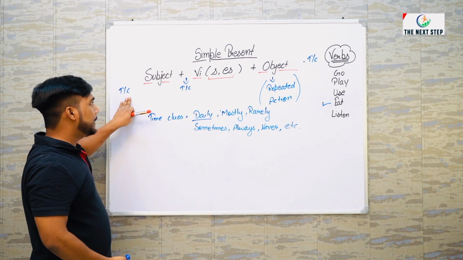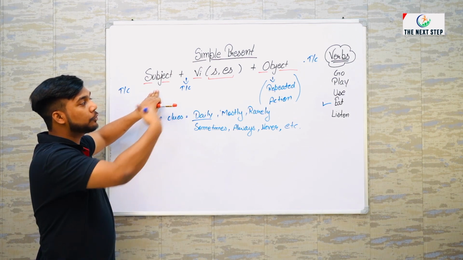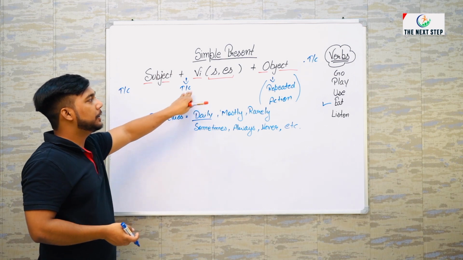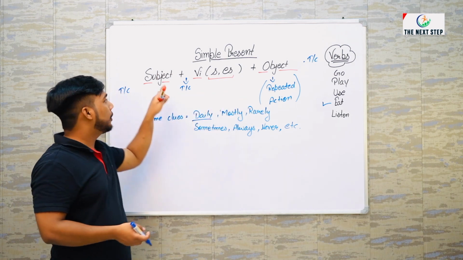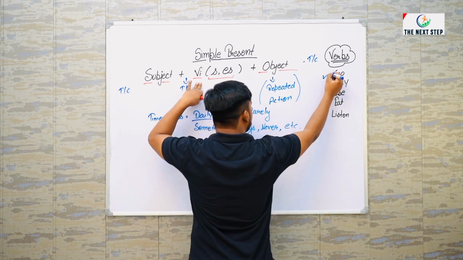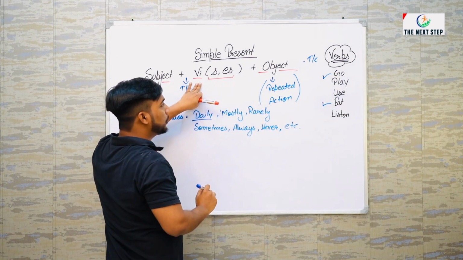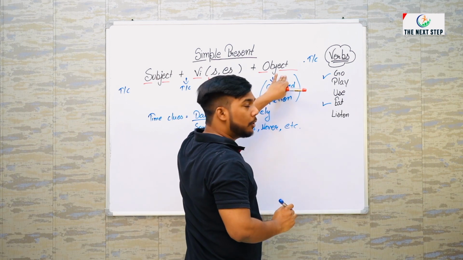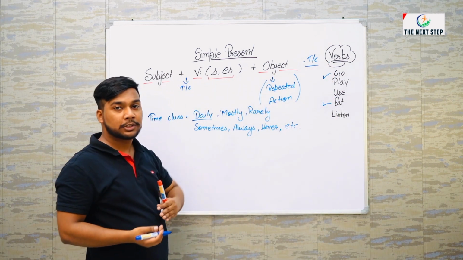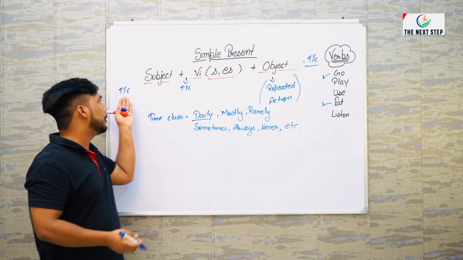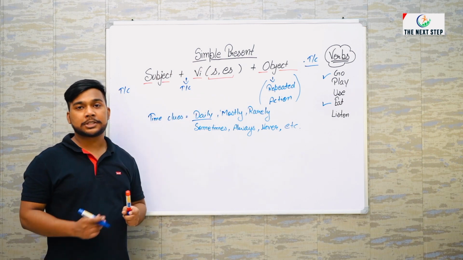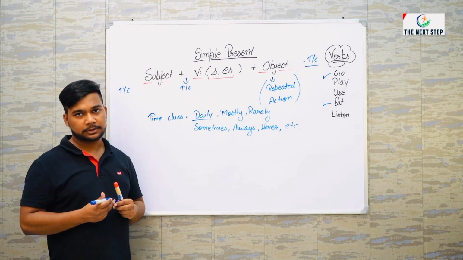Like daily I go for a walk, I daily go for a walk, or I go, my verb, first form of verb, I go for a walk daily. You want to use the time clues in the beginning, after your subject, or after your object. You have all these options.